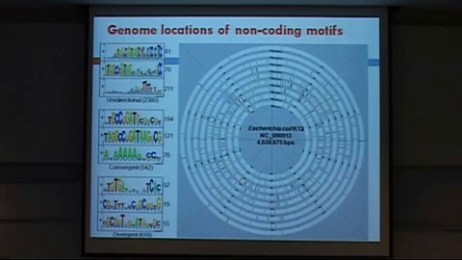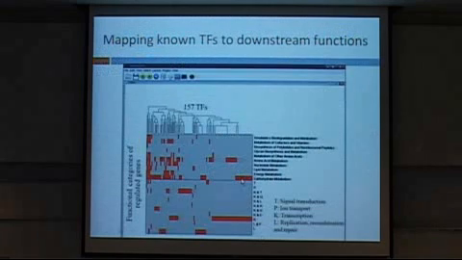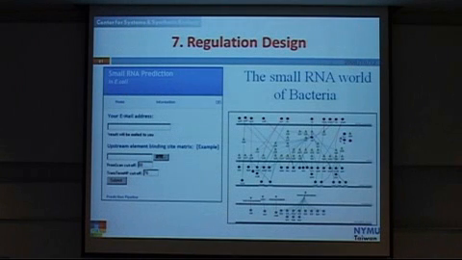You can map all the experimental data, or predict the pattern motifs, onto all the genomes to see how they are located throughout the whole genomes. You can connect the motif binding sites with the functional categories of downstream genes to see the rules. Then you can map all the known transcription factor experimental data to downstream functions, putting prediction and experimental data together, so you have a transcription regulation network.